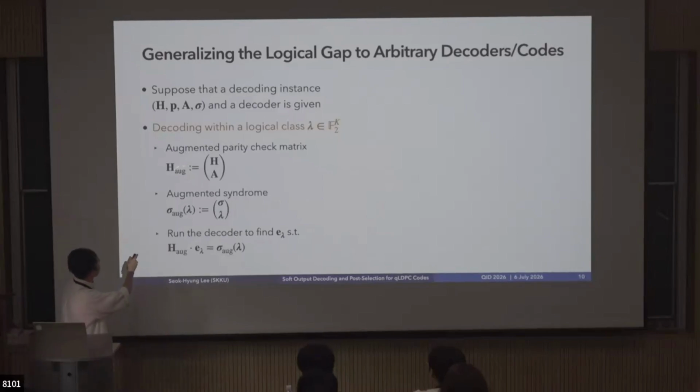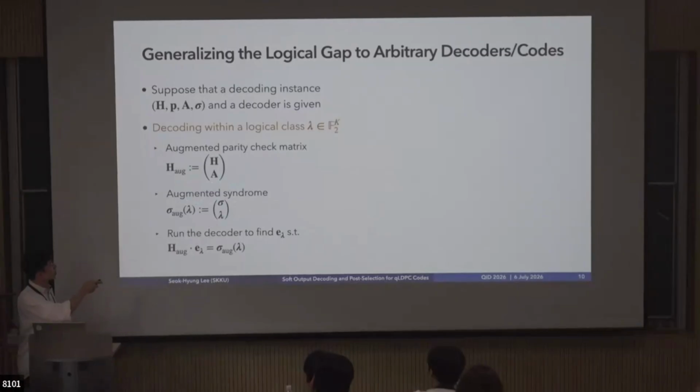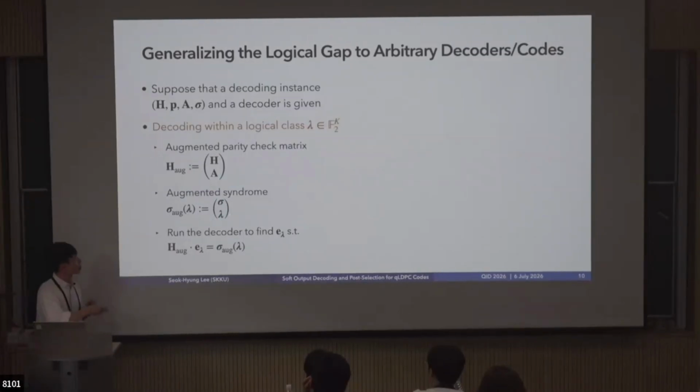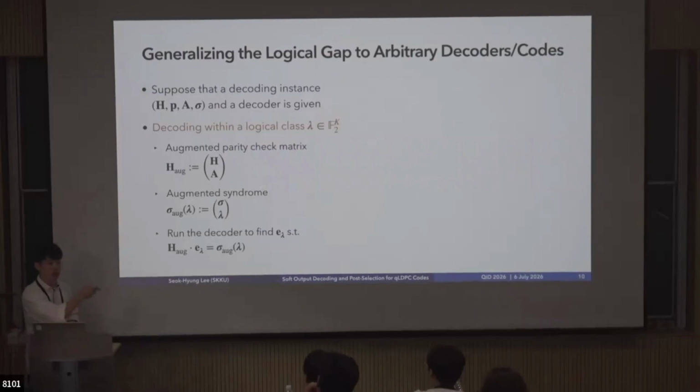To do that, we first define an augmented parity check matrix by combining the parity check matrix and the action matrix, which essentially means that we treat the logical actions as constraints. We also consider the augmented syndrome by combining the sigma vector and a certain lambda vector. So this augmented syndrome is a function of the binary vector lambda.